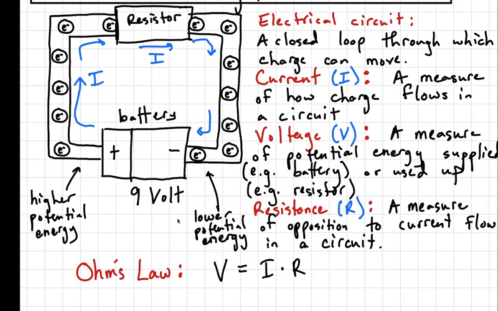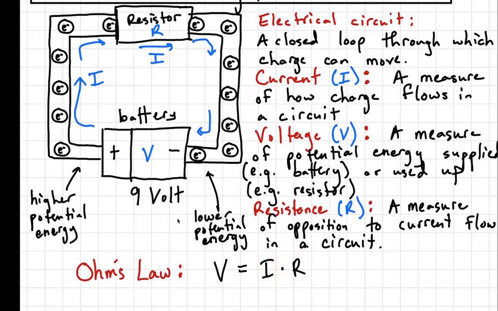In the context of the circuit that I've drawn here, the way to interpret what that means is if I have some voltage V supplied by this battery, then I will get some amount of current I based on the value of the resistance R I have up here. So if I have more resistance, I get less current for the same battery.